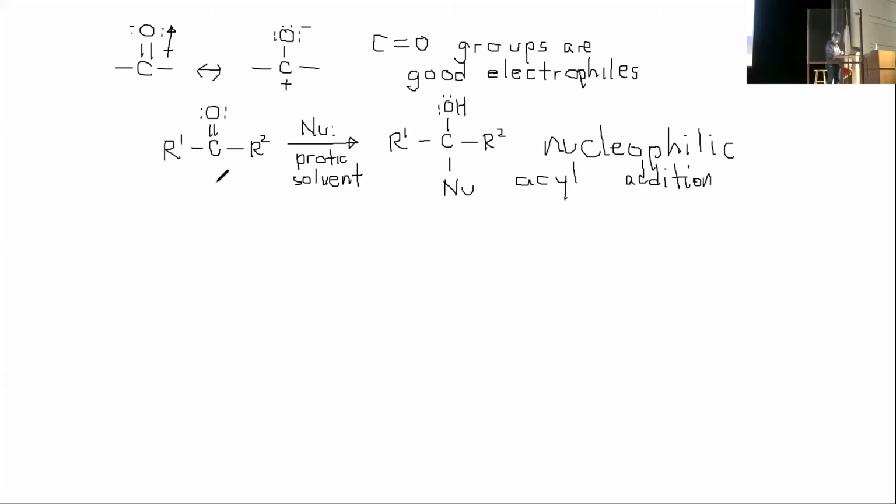All of this involves nucleophiles reacting with the carbonyl carbon, and that's because that carbon is electrophilic. It's got a partial plus charge. So if so far you've got that the carbon atom in any carbonyl-containing molecule has a partial plus charge, you're good. You're following along well.